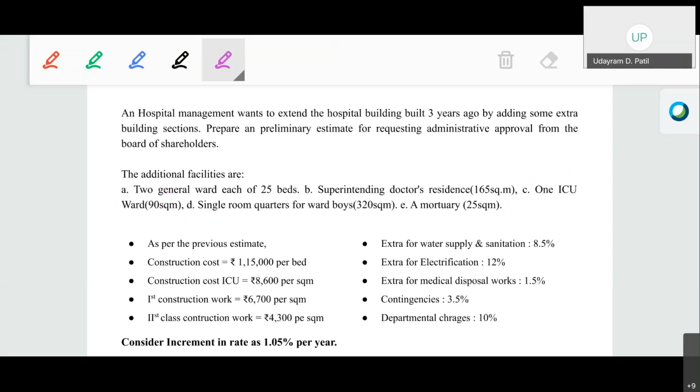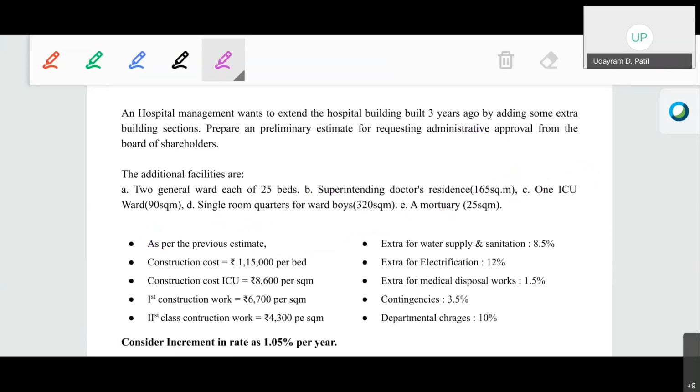Okay. Now as per the previous estimates, the estimate which has been prepared 3 years ago, the particular hospital building is new and it has been built 3 years ago. So they have the construction rates for the various wards, the ICU or the general wards, or the first class construction or the second class construction.